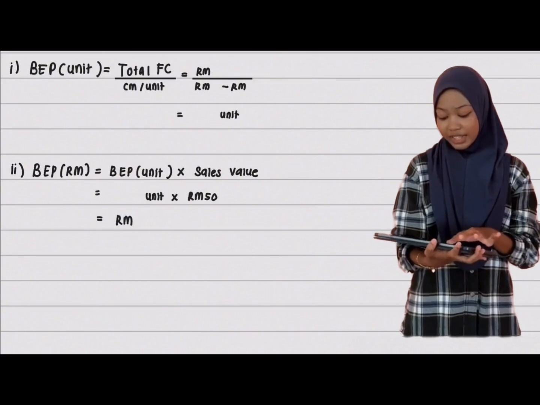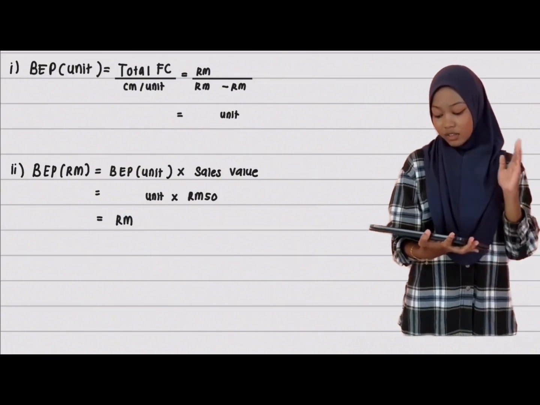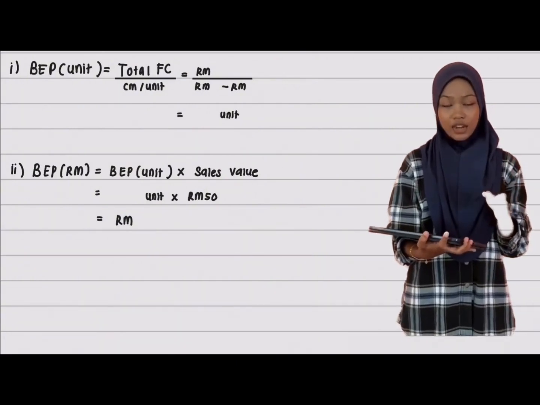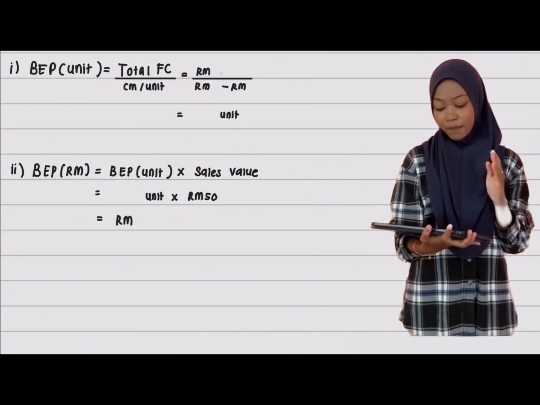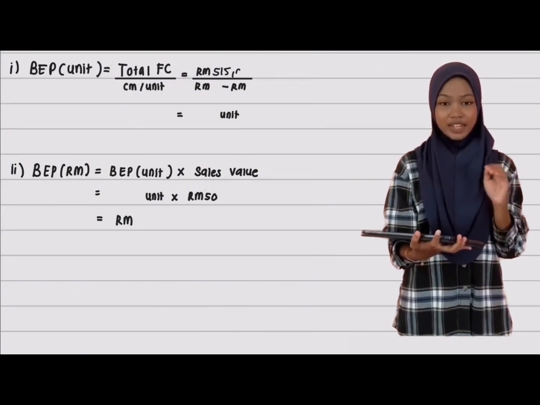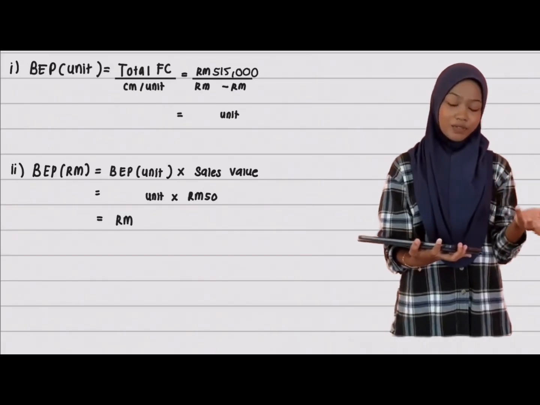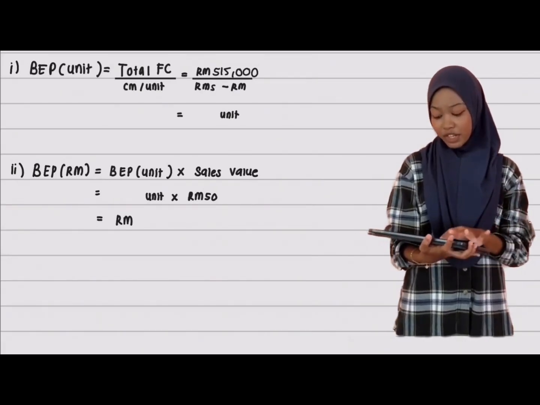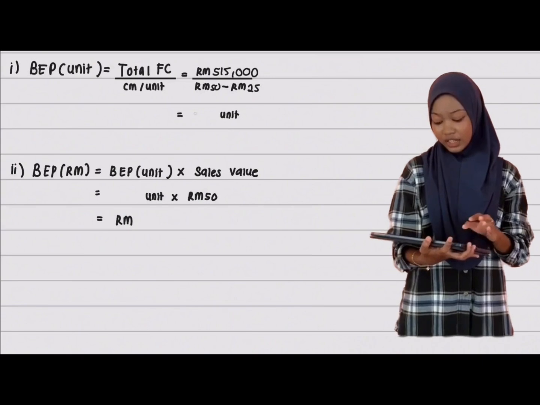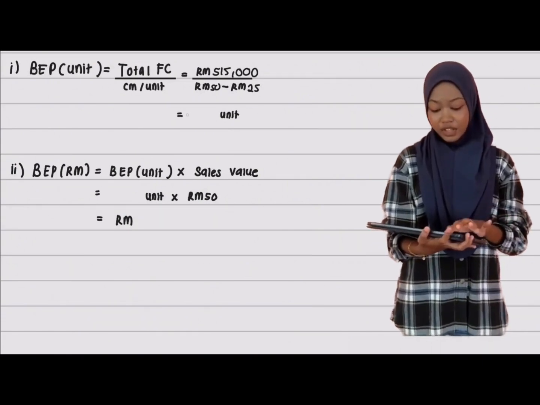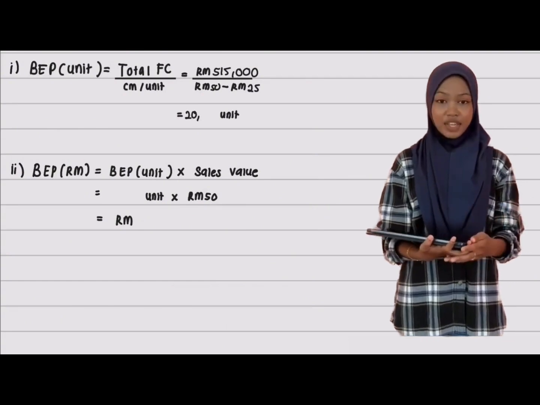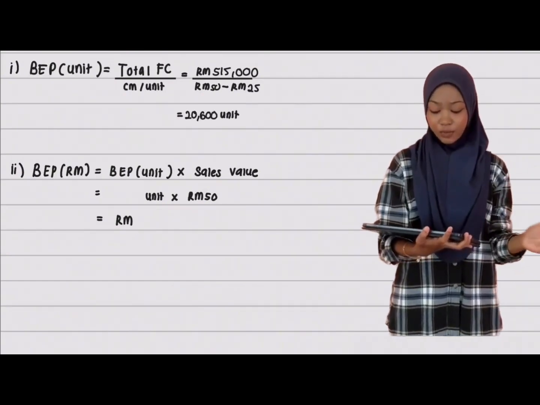So let's calculate. Total fixed cost 515,000 will be divided by 50 ringgit minus 25 ringgit, you will get 25 ringgit. So the BEP per unit, you will get 20,600 units.